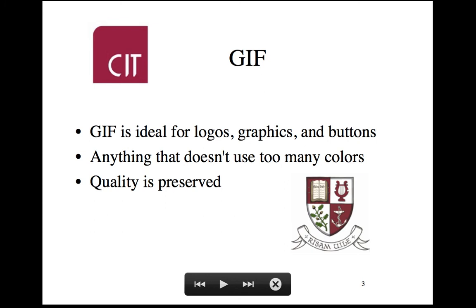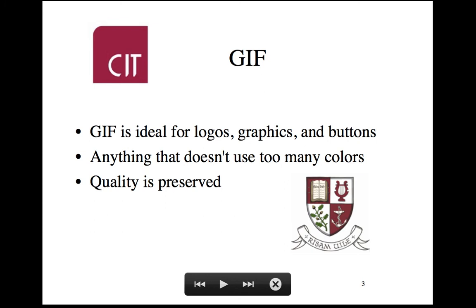So the way GIF works makes it ideal for things like logos, where you have plain expanses all of the same color. So computer generated images or graphics, GIF is great for that. Anything that doesn't use too many colors. A photograph of the Grand Canyon, with lots of different subtle shades of different colors, not so much.